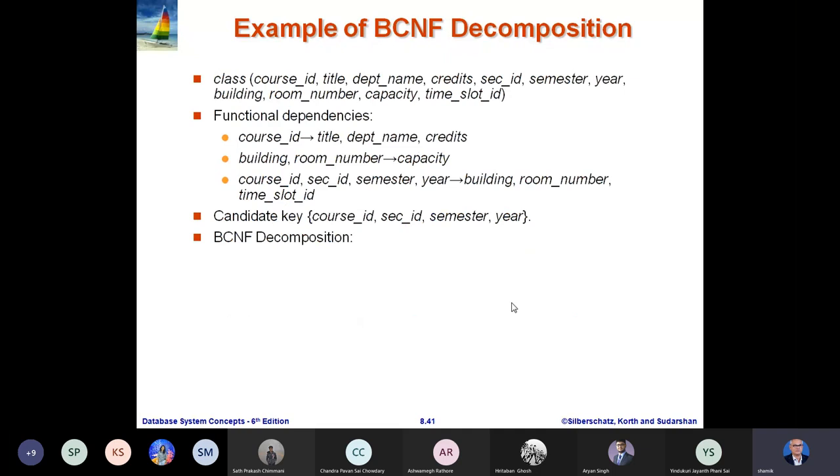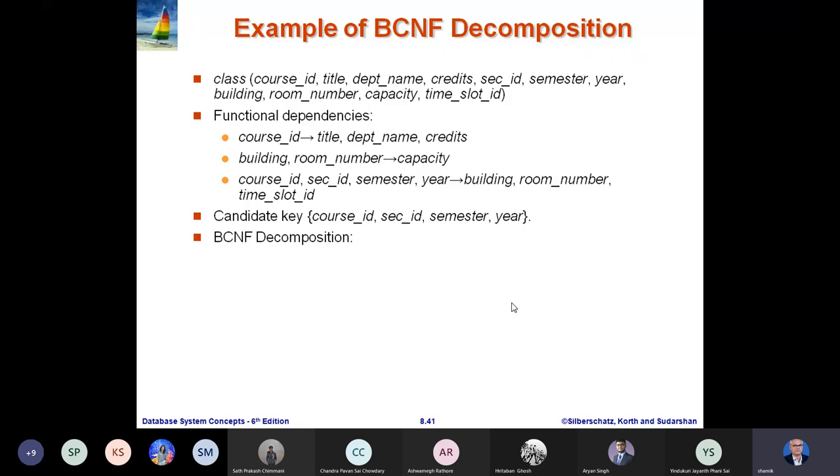So we have another example of BCNF decomposition. We have this complex schema, class, having many attributes, and these are the functional dependencies which are defined. There are a lot of FDs, and we cannot intuitively say what the correct decomposition is, but we can figure out that course ID along with section ID, semester, and year is what matters.